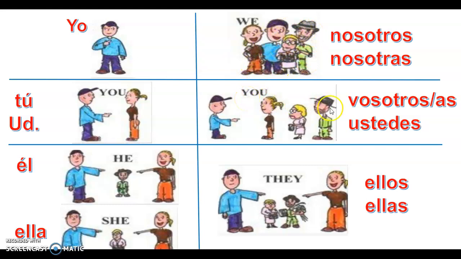In Spain, you plural is vosotros or vosotras, but that's only in Spain. And on this side of the planet, we use ustedes for you all. And then you have they, ellos, and ellas. So yo, tú, usted, él, ella, nosotros, nosotras, vosotros, vosotras, ustedes, ellos, and ellas.